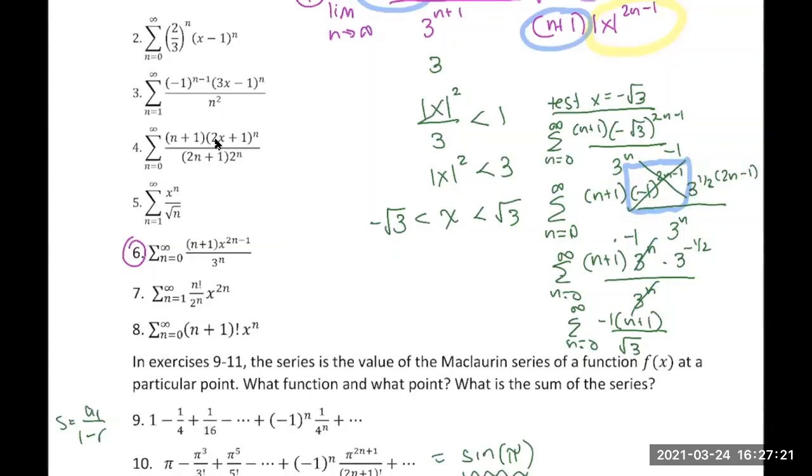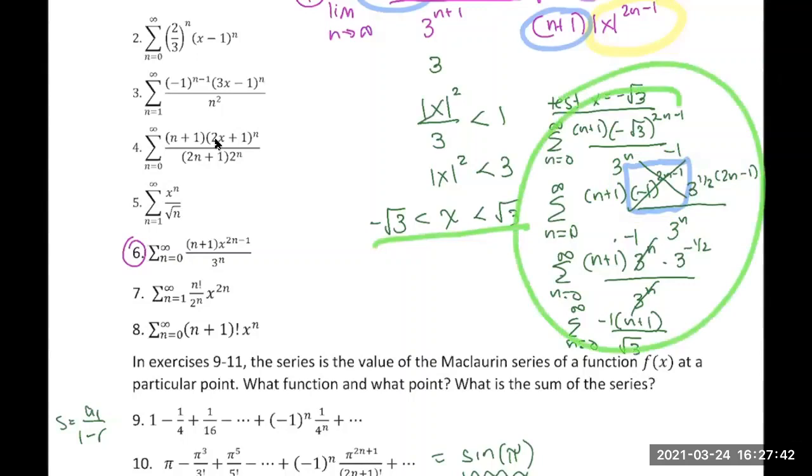Was there a follow-up question? The follow-up question is, we need to simplify first after plugging in x, then test, yes. So here's the tip for endpoint analysis. I messed up on solving for the interval at this point, but then I caught myself before I did this work right here.